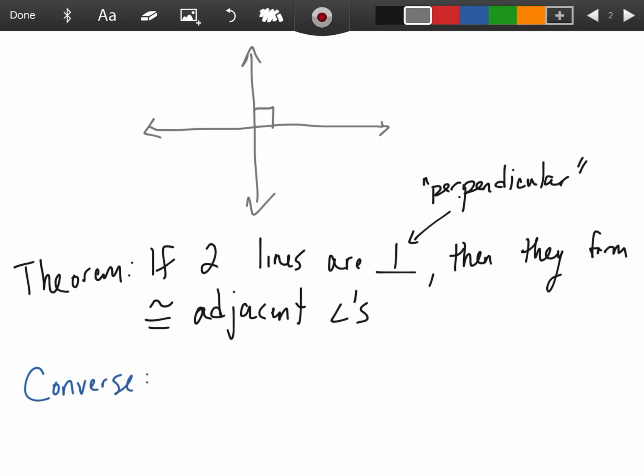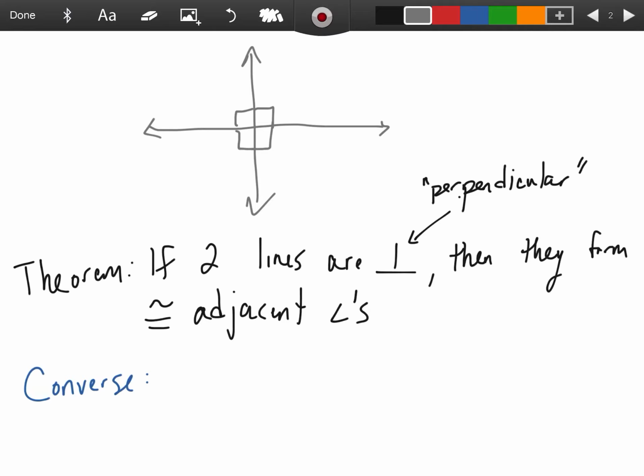Well, this here's a right angle, this here's a right angle. If they're both 90 degrees, that means their measures are equal. That means that the angles are congruent. And so the adjacent angles are going to be congruent. So if two lines are perpendicular, they form congruent adjacent angles.